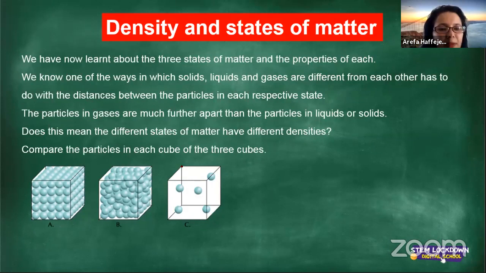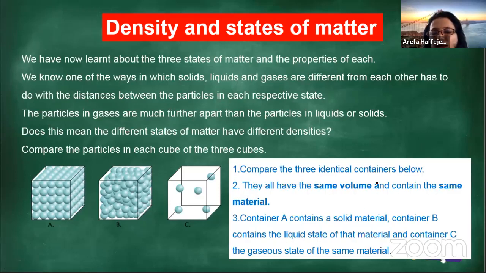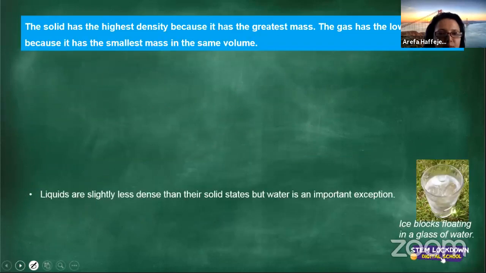Now we're going to compare it in these 3 cubes. They all have the same volume, and perhaps we can say it is the same material. In container A the particles are close together, and it's in a solid state. Container B is in a liquid state, and container C is in a gaseous state.